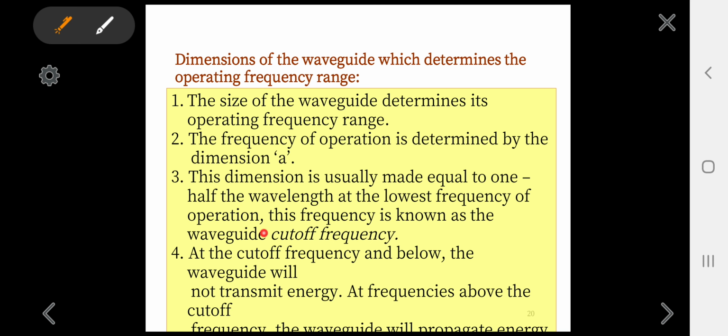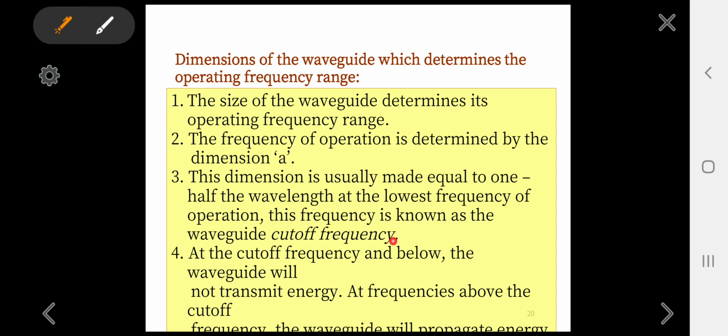So if you want to define the cutoff frequency: the dimension is usually made equal to one half the wavelength at the lowest frequency of operation. This frequency is known as the cutoff frequency. So at cutoff frequency and below, the waveguide will not transmit energy.